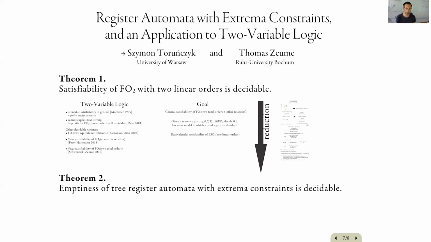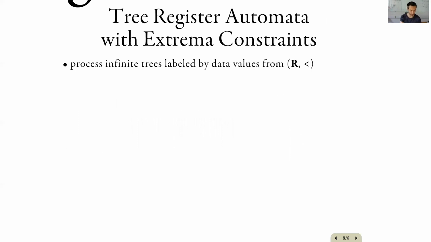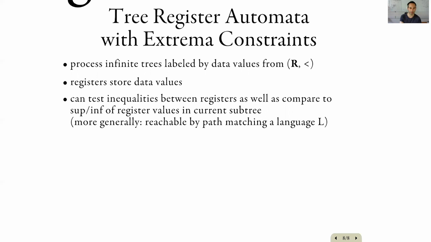So just two words about this latter problem. So we consider those tree automata with these extrema constraints. They process infinite binary trees labeled by data values from the reals. And in their registers, they can store data values from the reals and compare them for inequalities, as well as compare them to the supremum or infimum of the values in the current subtree.